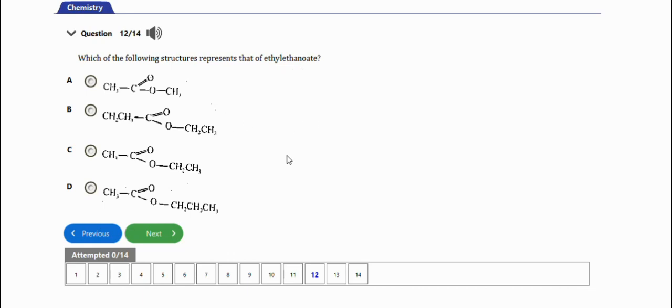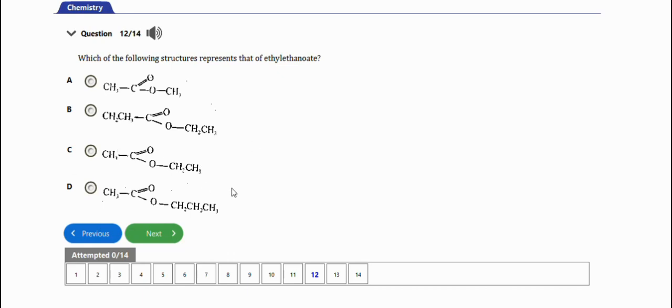We're looking for ethyl ethanoate. It will be option C. If you check carefully, you will see that we have 2 carbon atoms here after the second oxygen atom. So this is ethyl, and what we have here is ethanoate. So the right answer is option C.